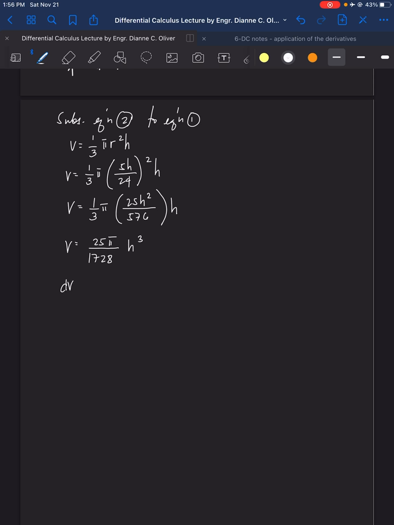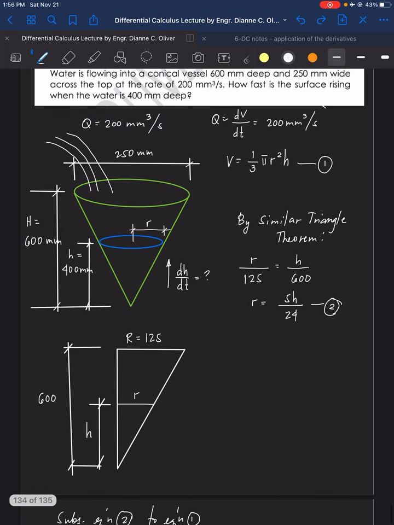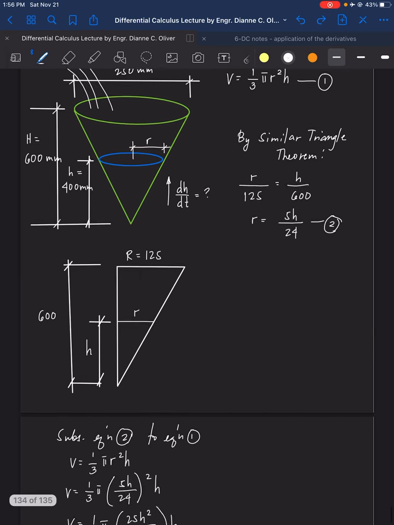Now let's derive this. This is now dV over dt. This is now step number 4. 25 pi over 1728, then we have the 3h squared dh over dt. Then dV over dt has a value, and that value is 200 cubic millimeters per second.